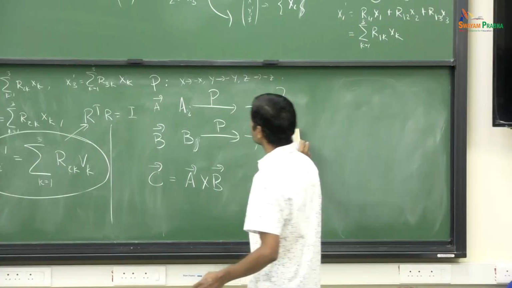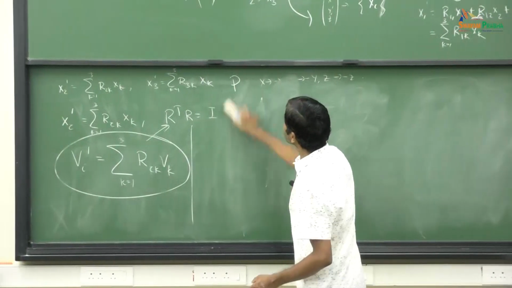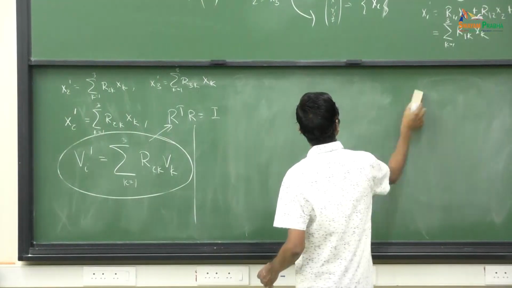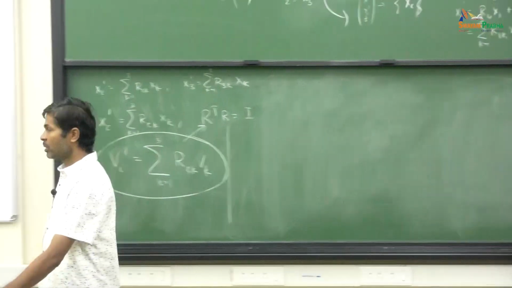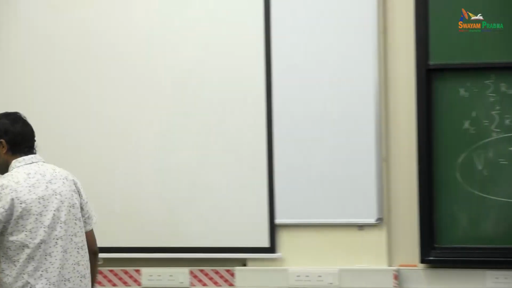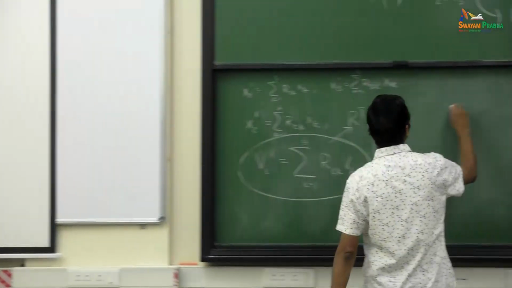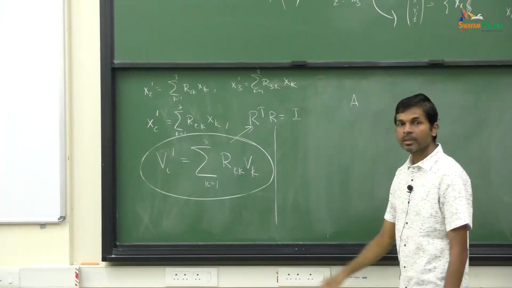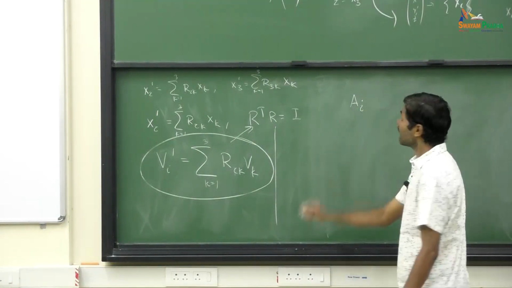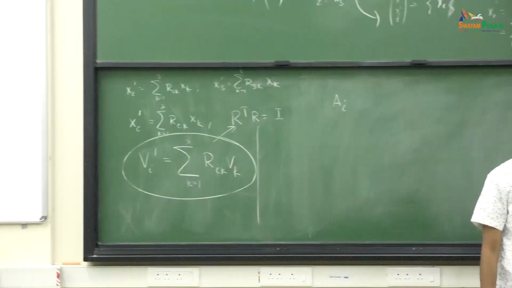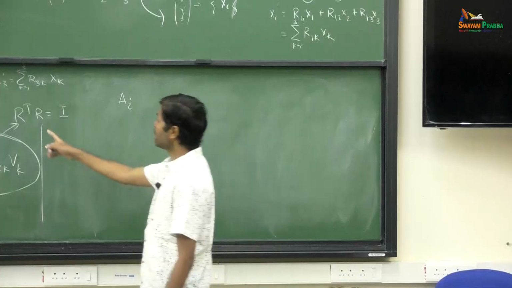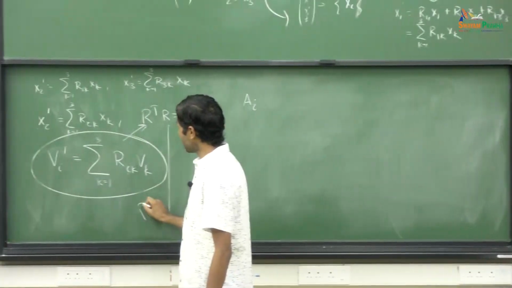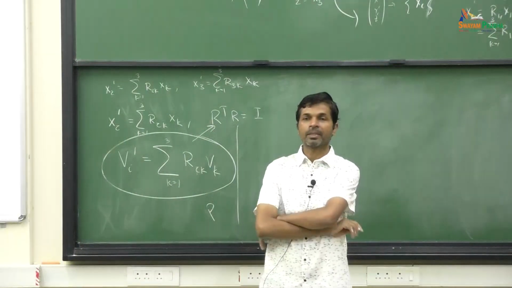But what I want to introduce is another new concept. So let us say A is a regular vector. Its components are Ai. Let us not worry about the parity transformation for the time being.